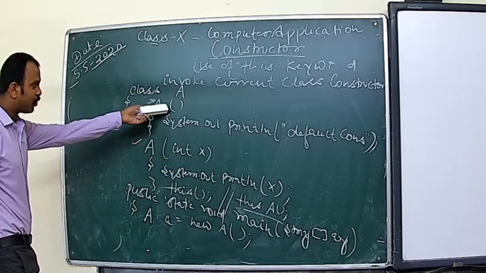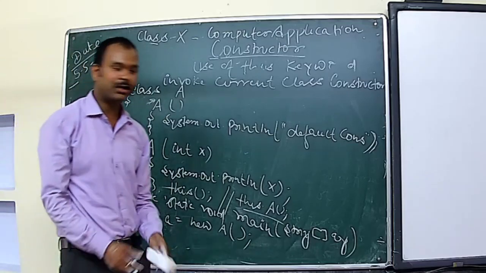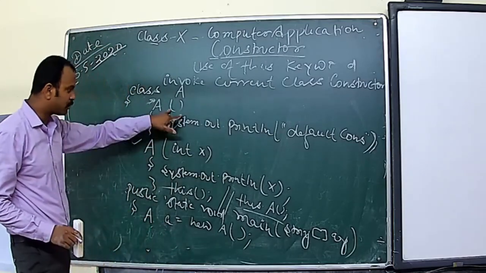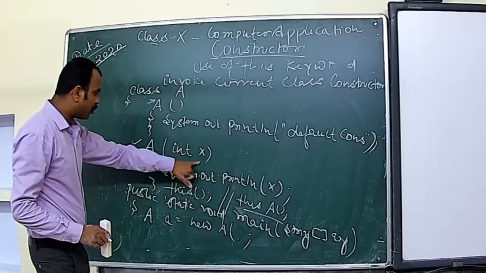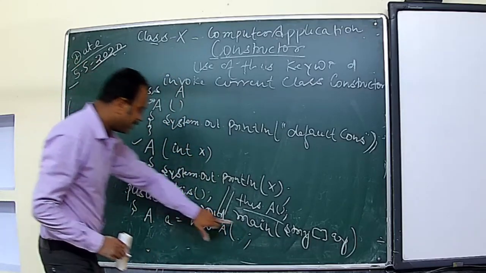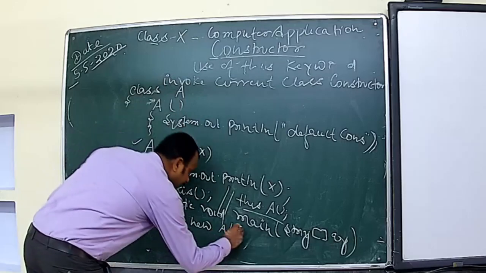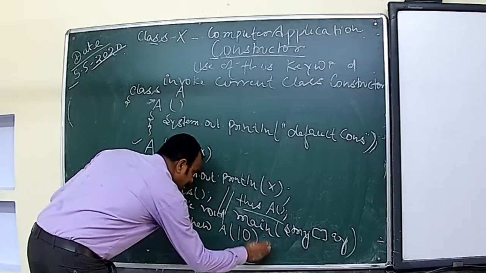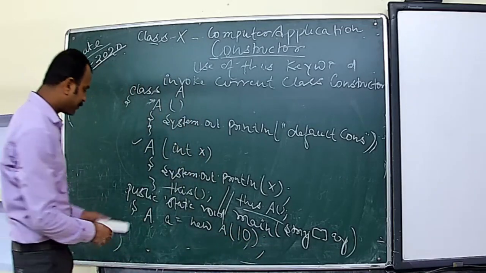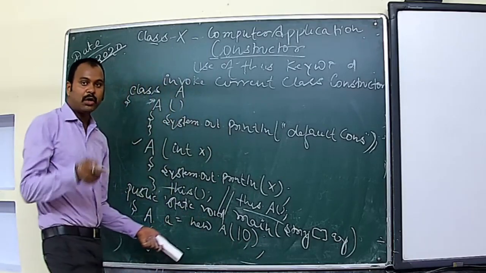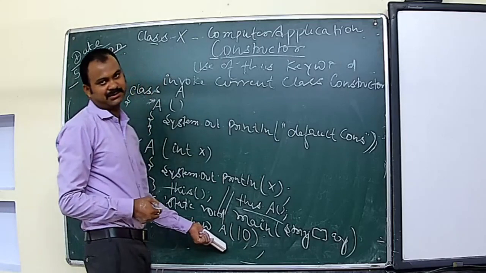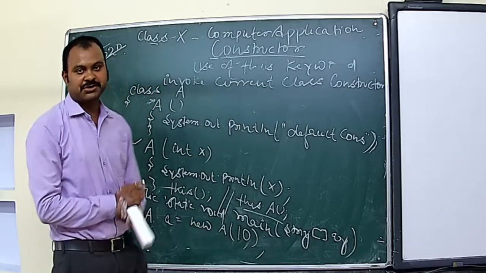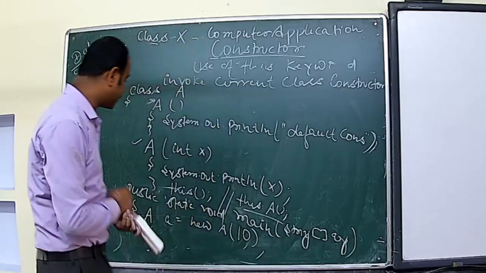So the first one would be called as soon as I create the object here. If I write here A of 10, since I have told you last time, as soon as we create an object of any class, automatically the constructor is called.